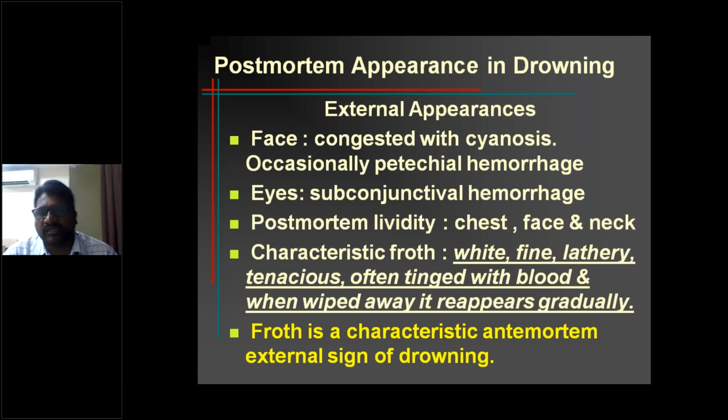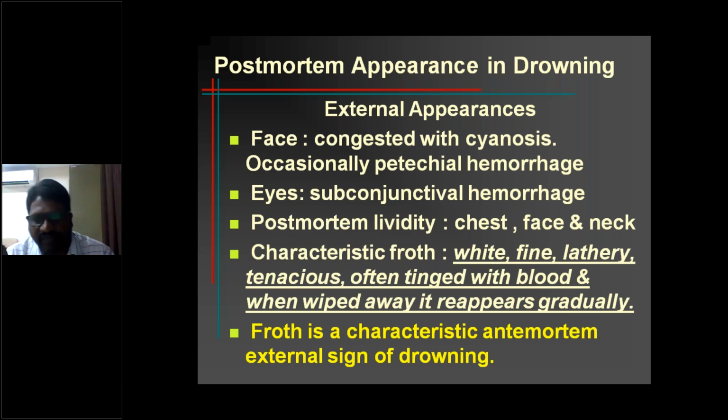The characteristic froth, already discussed, is white, fine, leathery, tenacious, often tinged with blood, and when wiped away, it reappears gradually. In some other causes like organophosphate poisoning and opium poisoning, you can observe this froth too. But the characteristic froth in drowning you can differentiate from other causes.